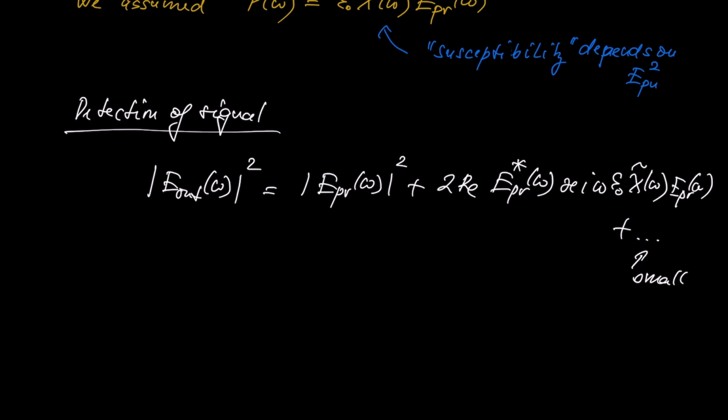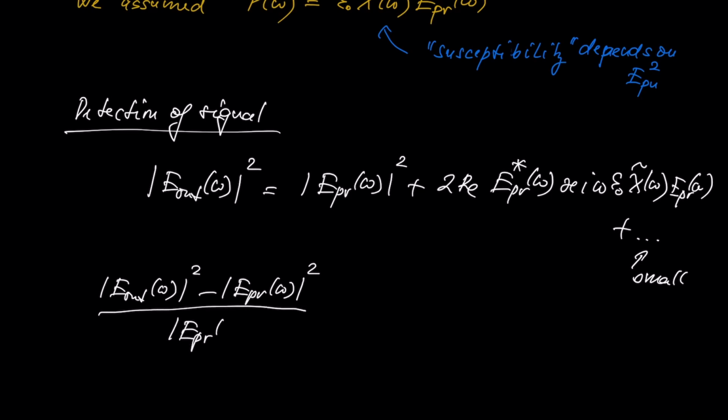And what we actually measure is we take a difference between the intensity that goes out and the intensity that went in, and we normalize it to the intensity that went in. It allows us to get rid of the first term and isolate the second term. And not only that, if we look here and here, we have actually E probe squared already present.